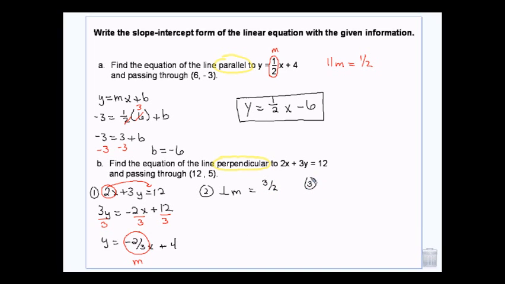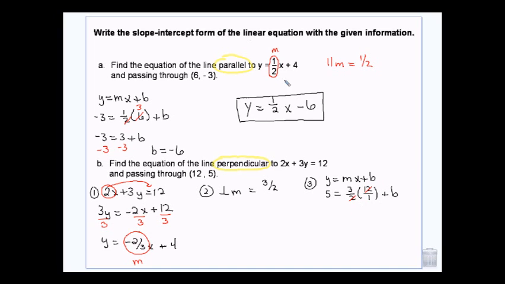So then for my last step, I take this slope and this point. So y is 5. M is 3/2, x is 12, so I'll just put 12 over 1, plus b. 2 goes into 12 6 times.